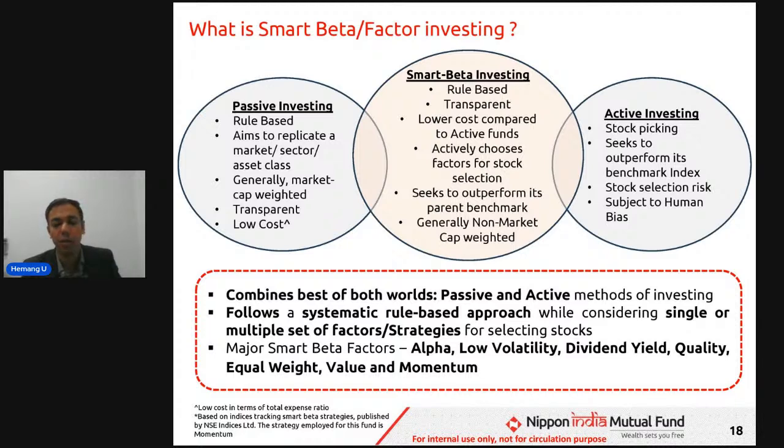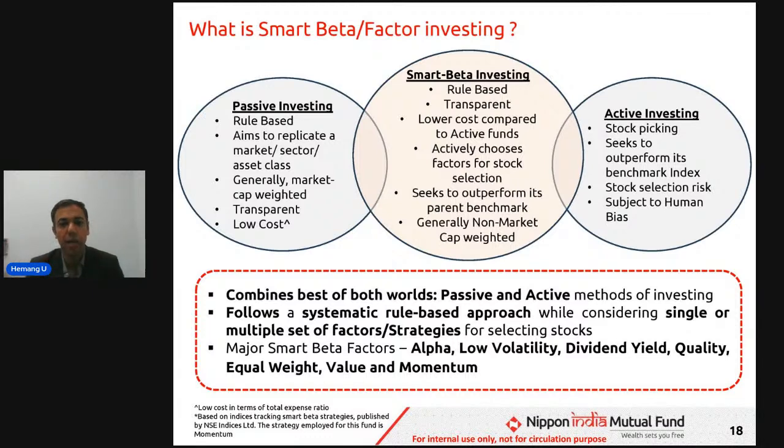So these funds, when they pick up stocks, the largest stock which has the highest market capitalization will get the highest weight. So what would end up happening is few stocks in the index will dominate the index performance as a whole. So higher the market cap, higher the weight of the stock in the index.